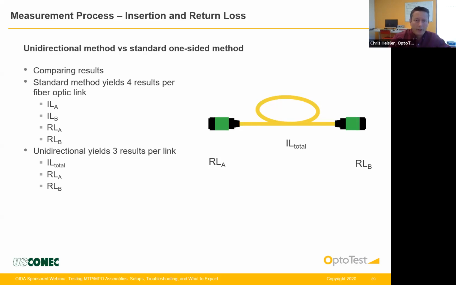Another one says, can you speak about negative IL values when testing multi-mode assemblies directly after referencing and how to avoid them? It's a good question. A lot of times that's setup dependent. Negative IL measurements might have to do with an optical power meter adapter that might be damaged.